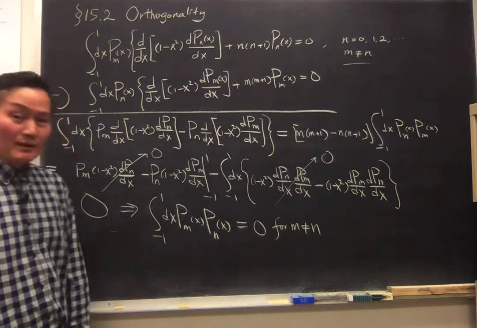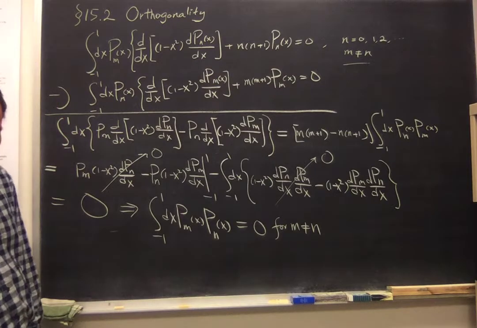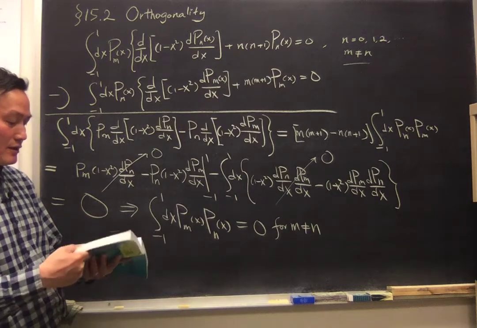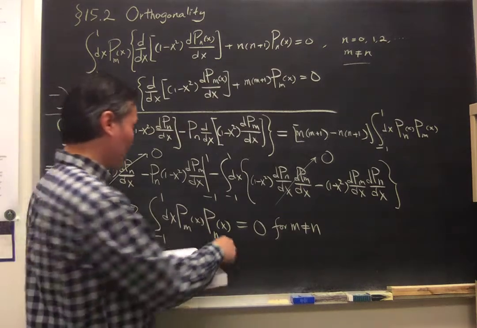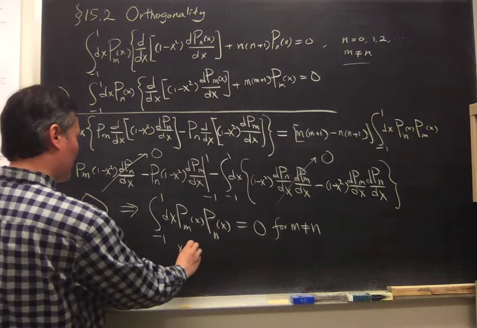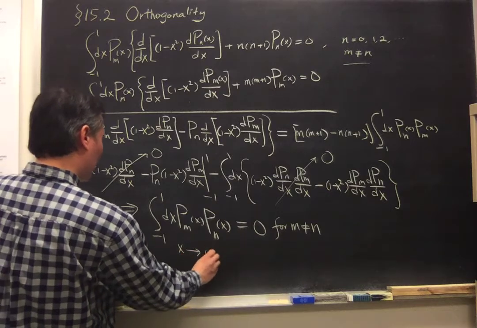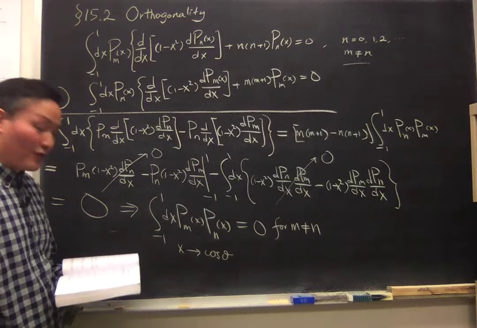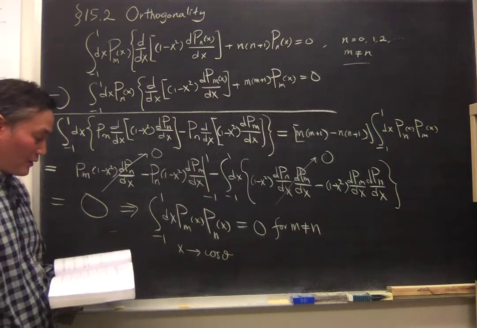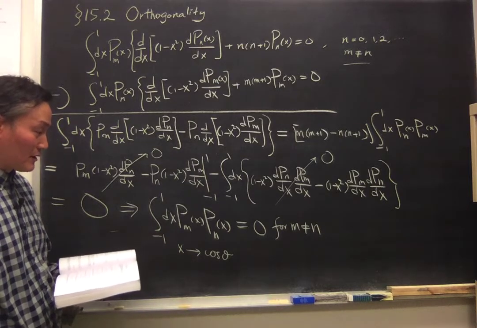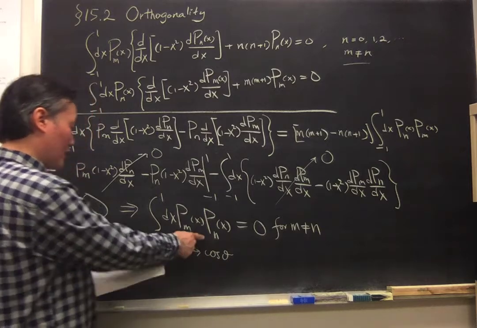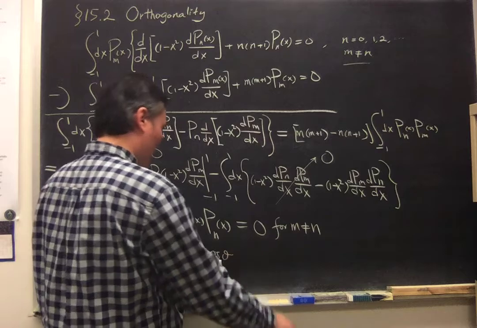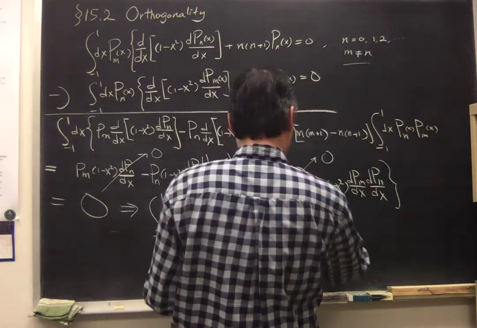Okay, so that's the idea. The next equation in the textbook just shows that if you change x back to cosine theta, which is where we first got the Legendre equation in spherical coordinates, you can change this integration to an integration in theta.